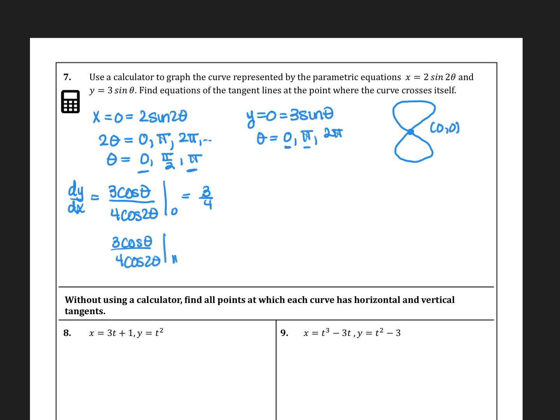So at pi here, we're going to have 3 cosine of pi, which is negative 3, over 4 cosine of 2 pi, which is positive 4. So those are 2 different slopes. So our first equation of the tangent line would be y equals 3/4 x, and the other one would be y equals negative 3/4 x.